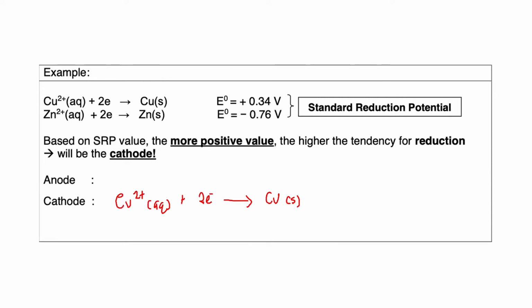Zinc will undergo oxidation. Therefore, we are going to write Zn gives Zn2+ plus 2 electrons. So that's how we know which one will be cathode and which one will be anode.